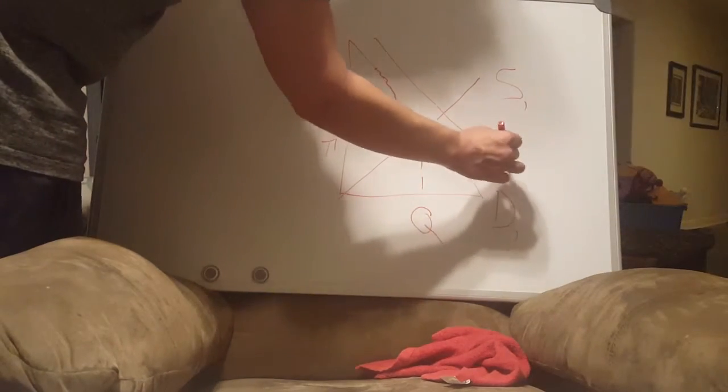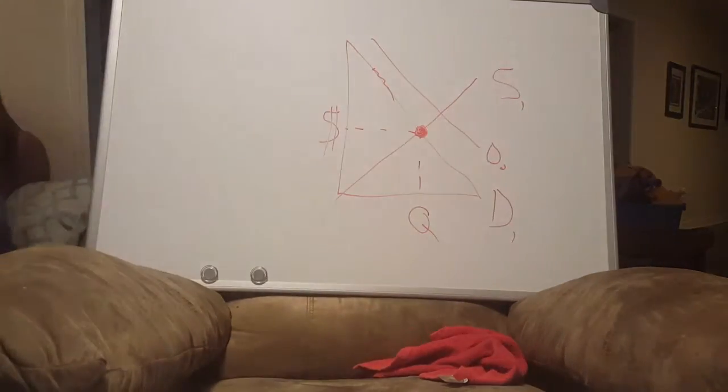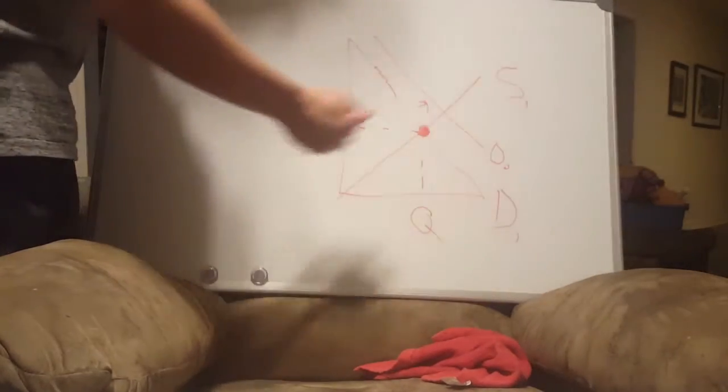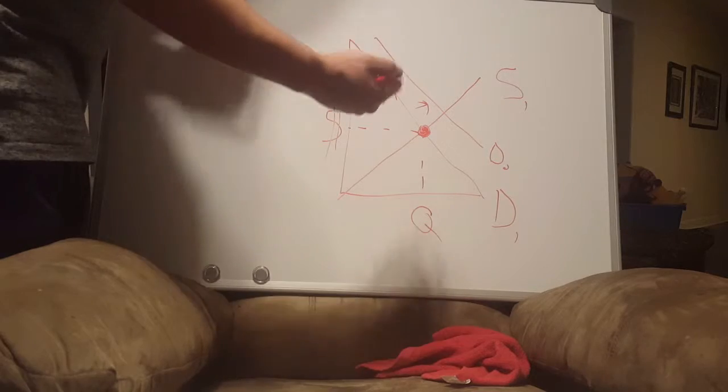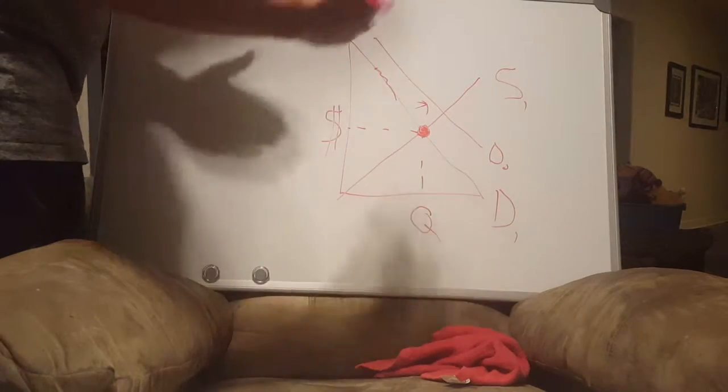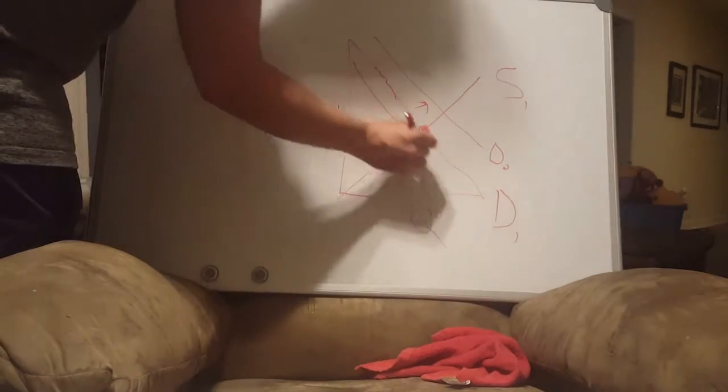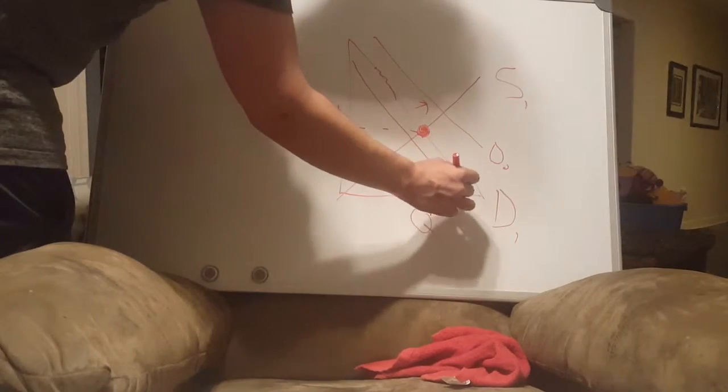Your D2, your demand 2, is going to go out this way, right? Now, if demand goes down, it's going to go in. It's going to go left, if you will. I prefer in and out. Bam. And then you have your D3.